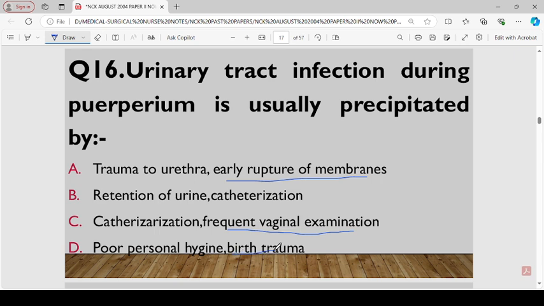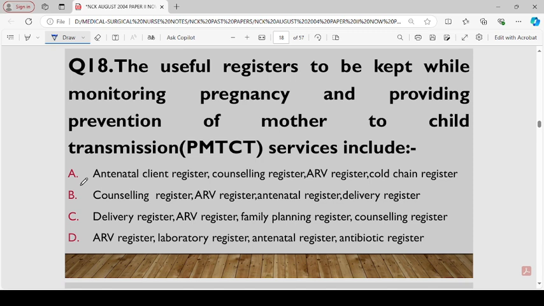Birth trauma could explain some injuries and not urinary tract infection. I think we all agree that the most common problem here is the retention of urine, so we encourage the mother to empty the bladder. And also catheterization could predispose the bladder to such infections.